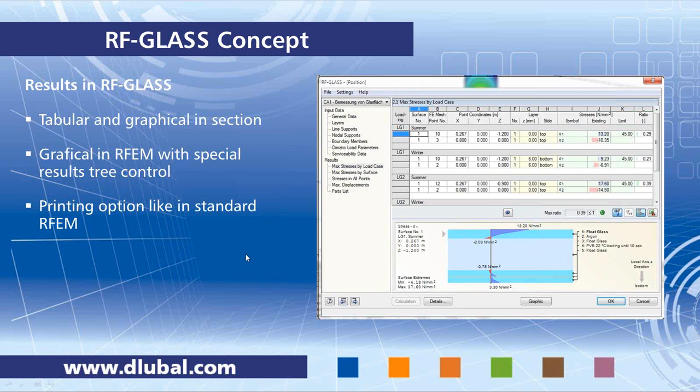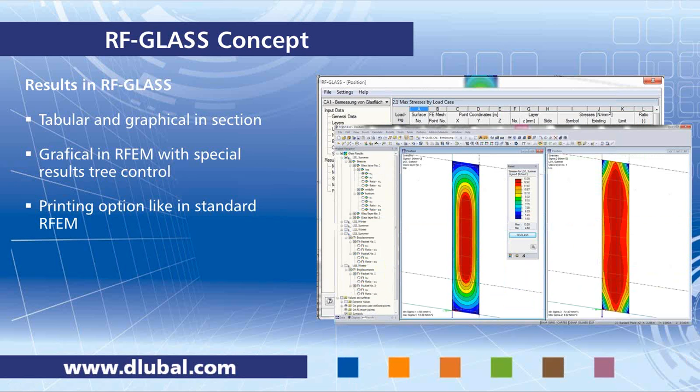Additionally, you have a graphical representation of the results in the main RFEM window with a specific navigation tree that allows you to address each type of stress at each surface, top, bottom, middle, wherever you want to look at it. Additionally, you can also print the results graphically as usual in RFEM.